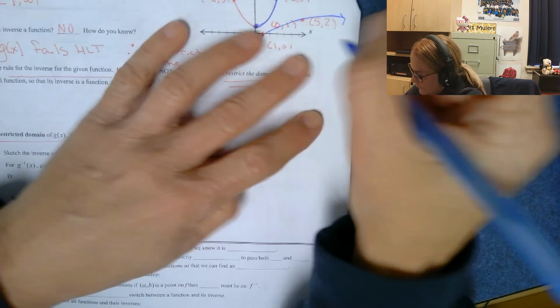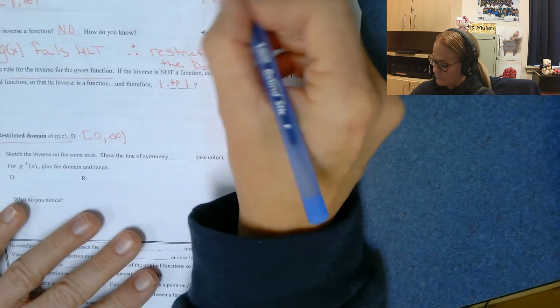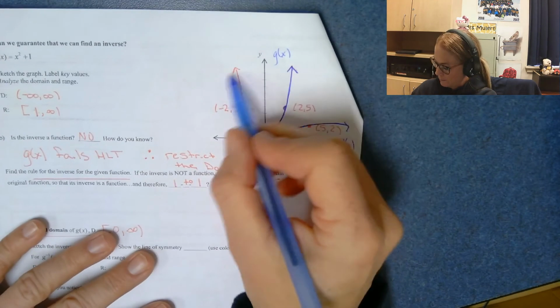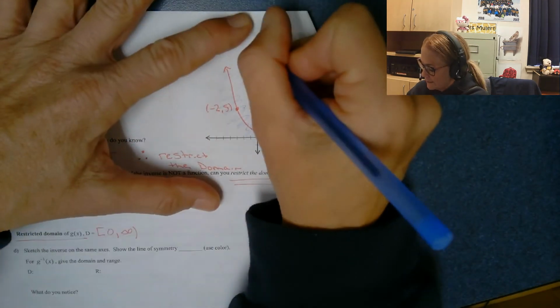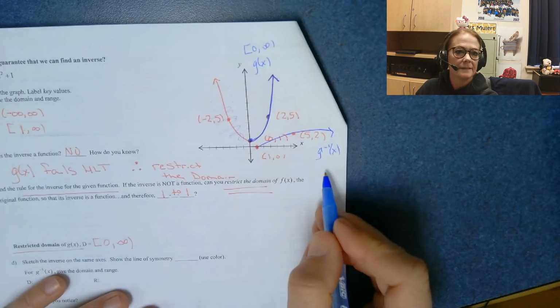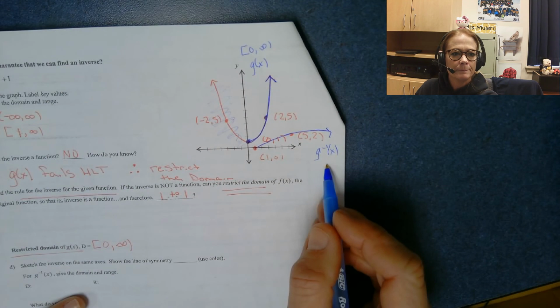This would be g of x, and this would be g inverse of x. This part we just throw away. We restrict the domain, so we're only looking at the right side. So this is g of x with this restricted domain, and therefore it has this inverse here.